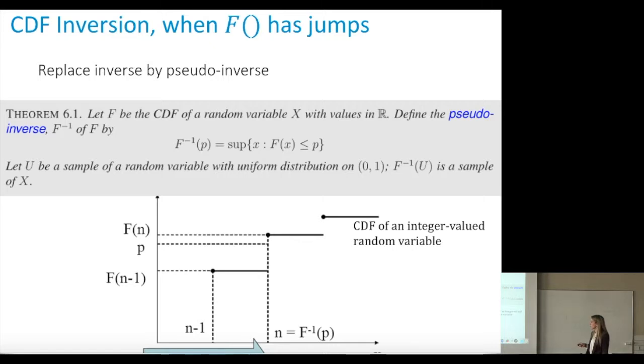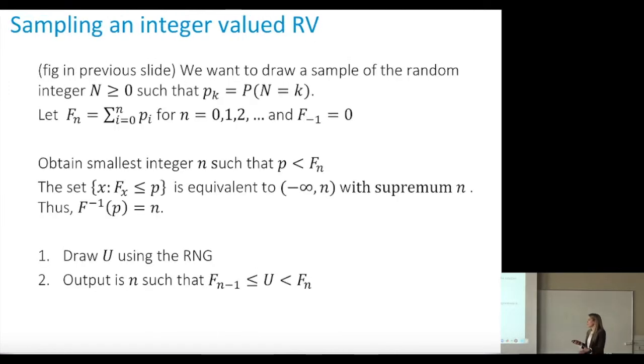Okay, because we see here that F of n minus 1 is less than p. So for any value up to here, the CDF is less than p. So this set is this one. So the supremum of this set is equal to n. And since the supremum of this set is equal to n, the pseudo-inverse of F evaluated at p is equal to n. Okay, so in order to simplify this, the method is this one.